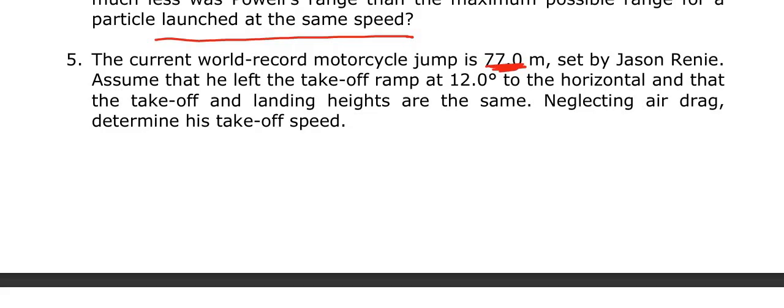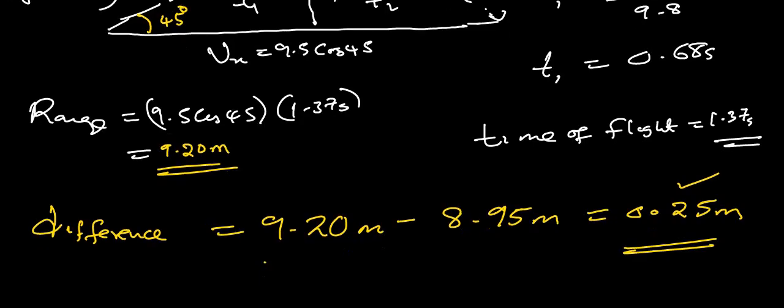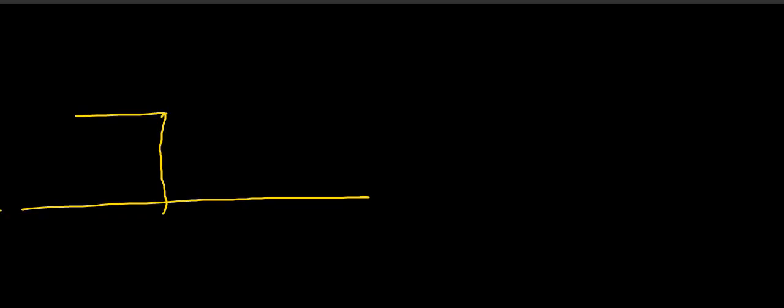Neglecting air drag, determine his takeoff speed. So let's say the ramp is here, and this is where they're supposed to come. The angle is 12 degrees.